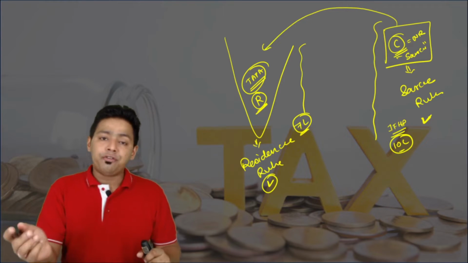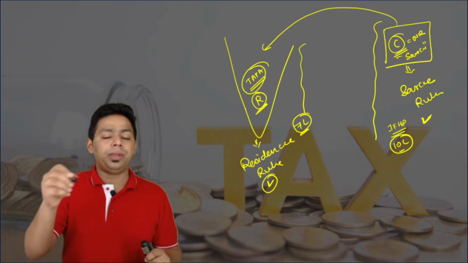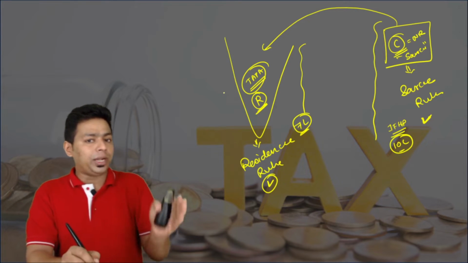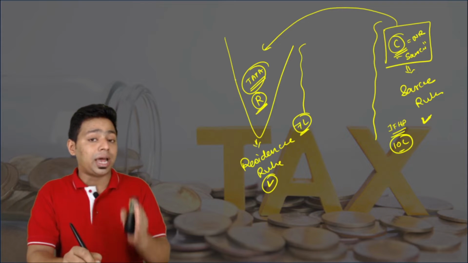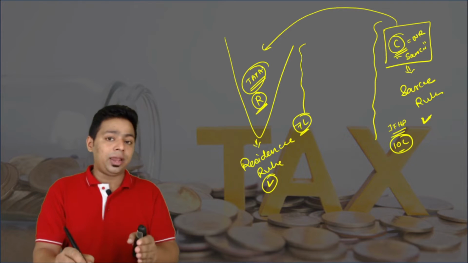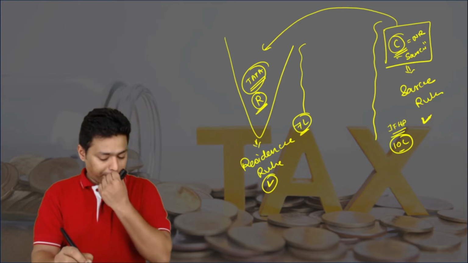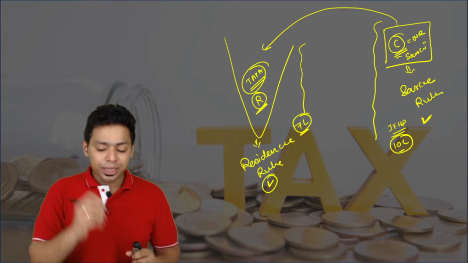Sir, how? If foreigners are coming and setting up their businesses in India, you know that even a non-resident is liable to pay tax in India on an Indian income. On an income which is earned in India, obviously they are liable to pay tax in India.